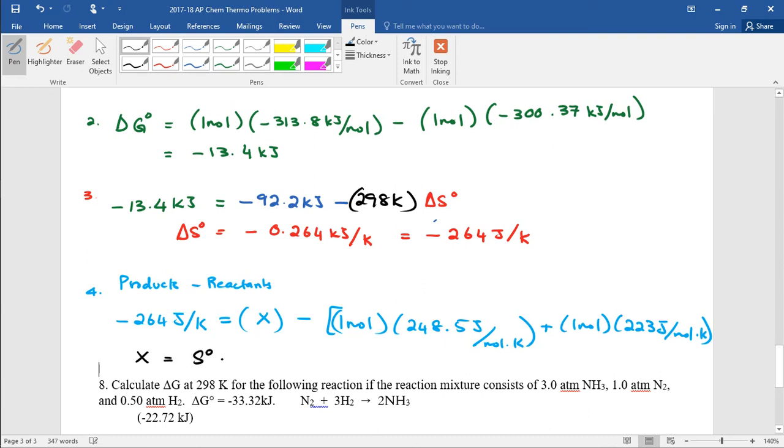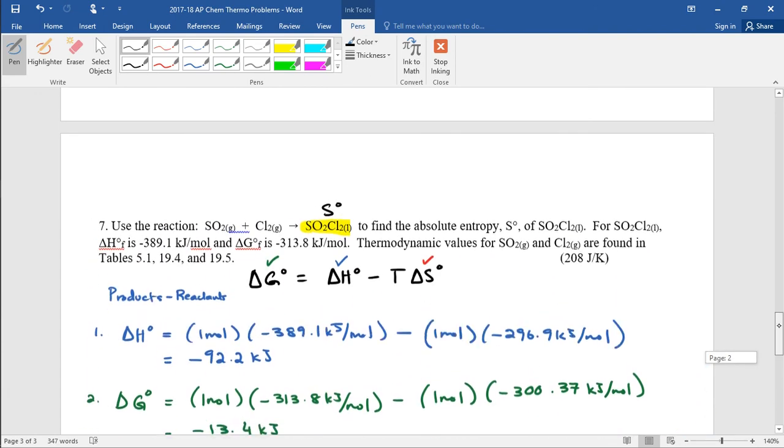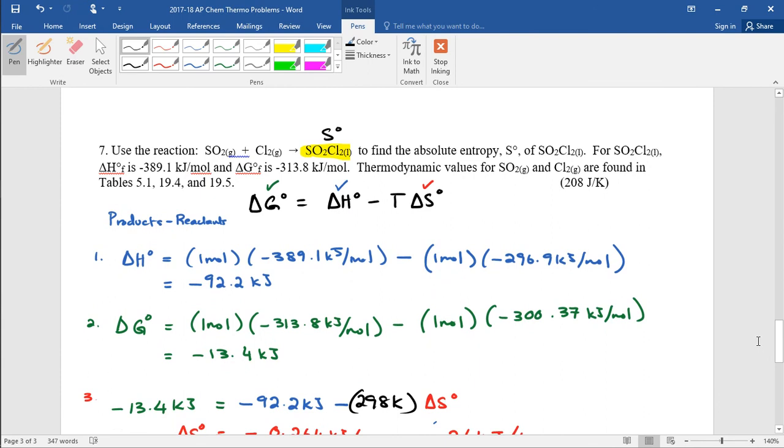So that's going to be that. I got 208 joules per Kelvin. Okay, so that's how you solve for an unknown compound based on the values that are given to you.